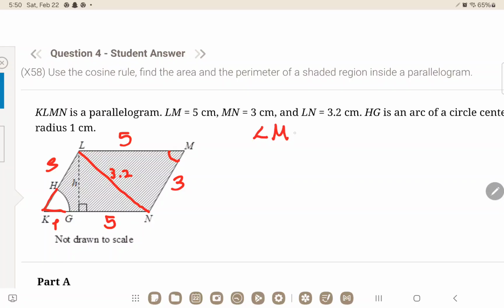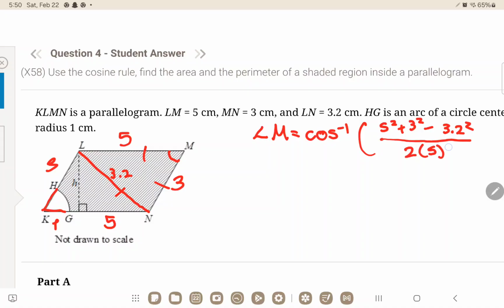So angle M equals cosine inverse of 5 squared plus 3 squared minus 3.2 squared, over 2 multiplied by the sides that make it up, so 2 times 5 times 3. Put this all in your calculator. You're going to get that angle M equals something around 38 degrees. That answers your first question.